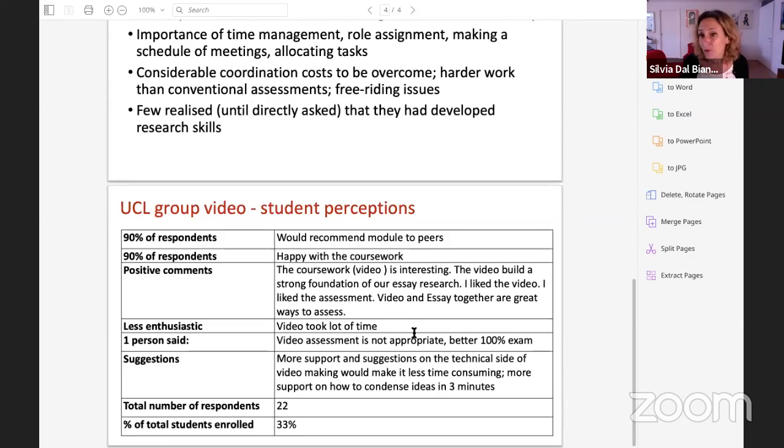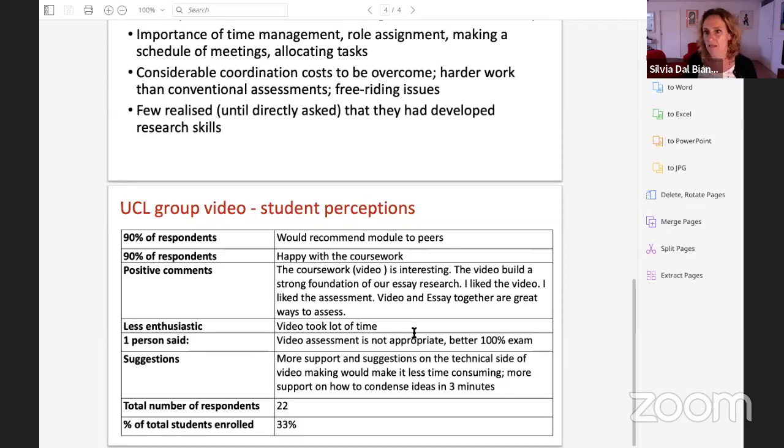And very importantly, the suggestions: they asked for more support on the technical side of the video, as well as more guidance on how to do better synthesis, on how to condense the material.